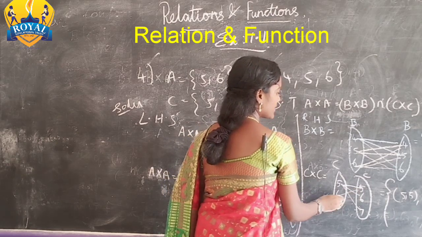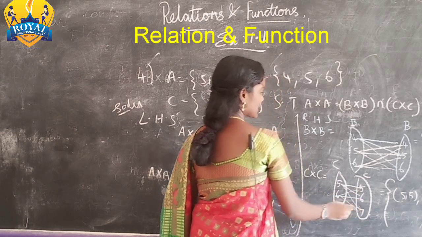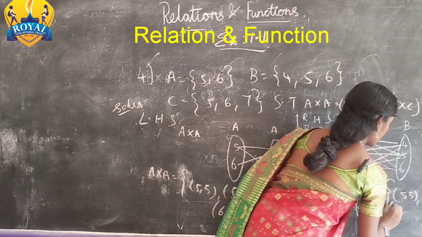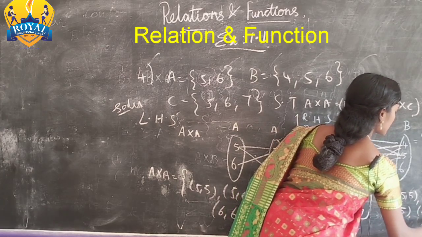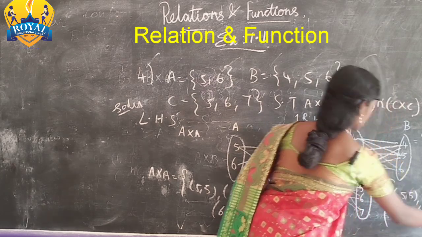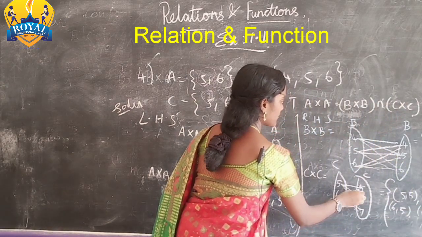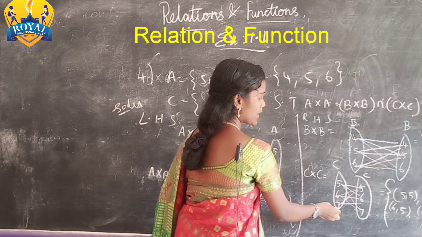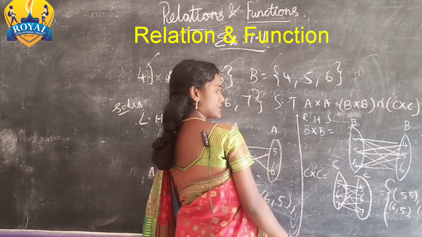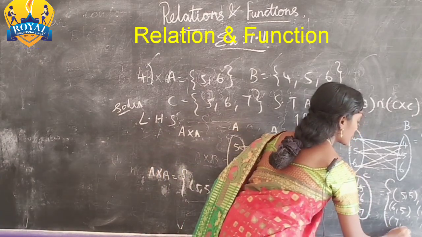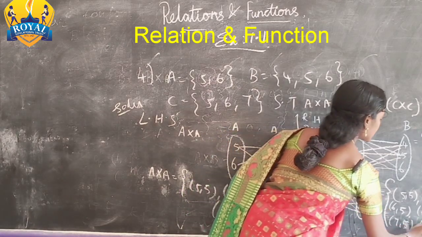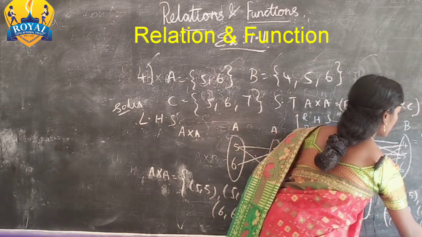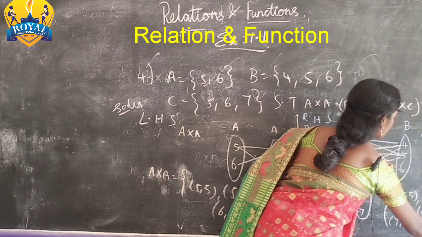Then 6, 5, 6, 6, 6, 7. Then 7, 5, 7, 6, 7, 7.